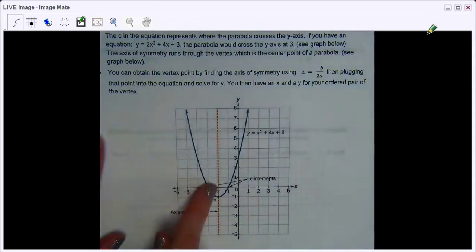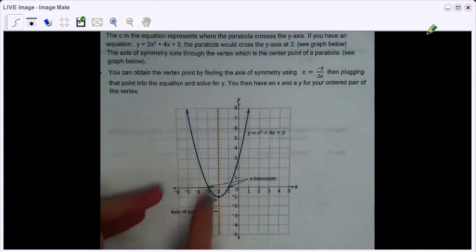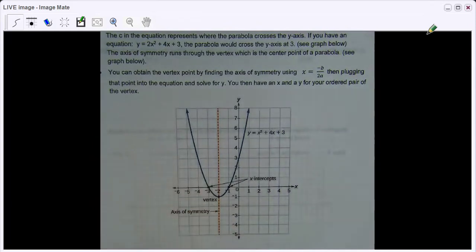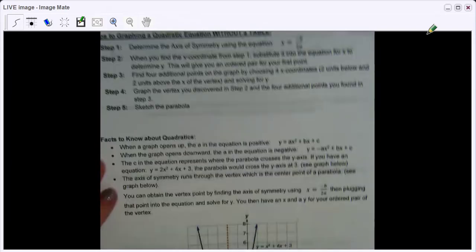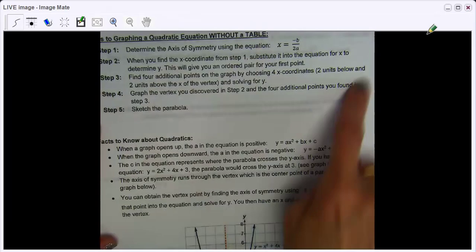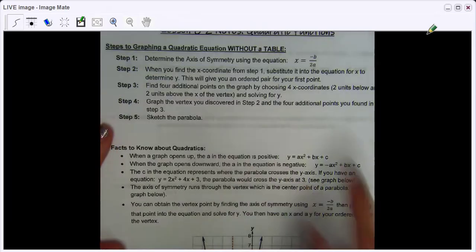So if you could find this x-coordinate, you could plug that into the equation to find the y-coordinate, and you have the vertex. You have the very center of the parabola. And then you just choose two numbers on either side of that. That might sound a little bit confusing, but once we do it once or twice, you'll get the hang of it. So everything in here is what I just explained.